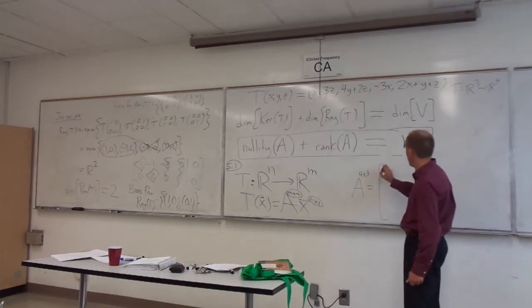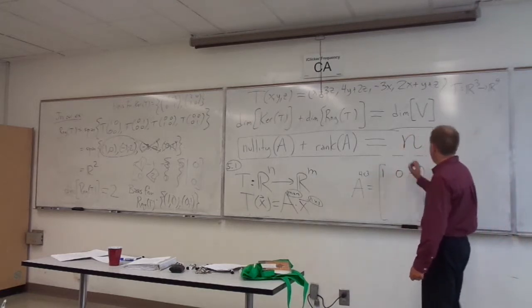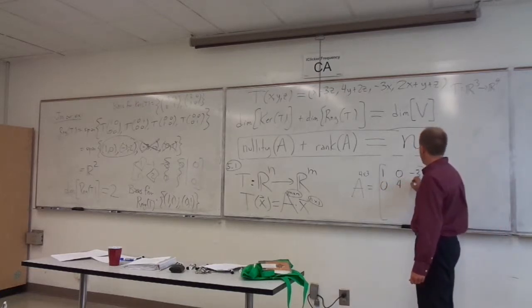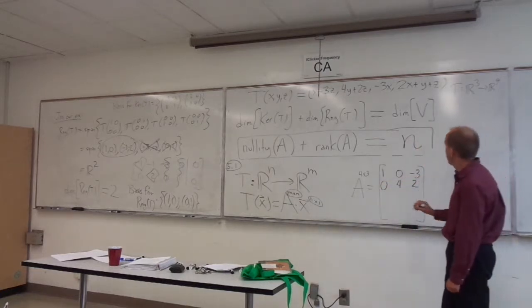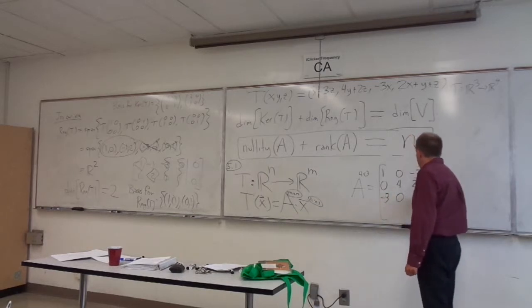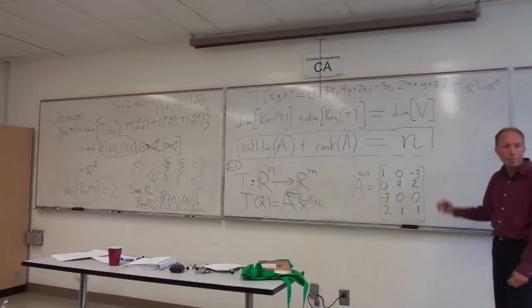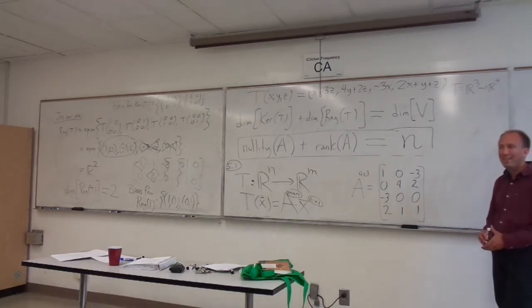So the first row has 1x, no y, and negative 3z. The second row has 4 y's and 2 z's. And the third row has negative 3 x's. And the last one would be the 2, 1, and 1. And there's your matrix representation. It's pretty easy to write that down.